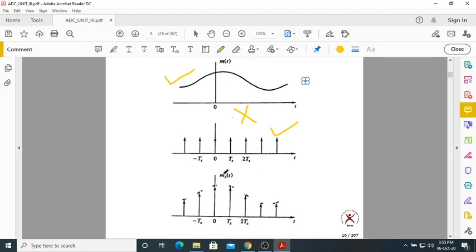Now what is happening here? The amplitude of the impulses changes according to the message signal.